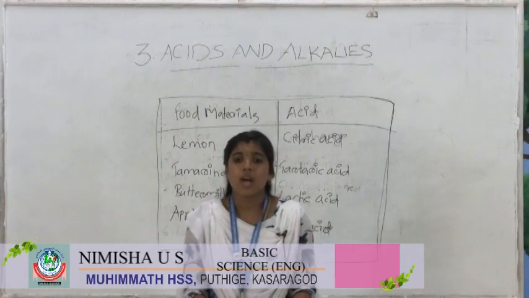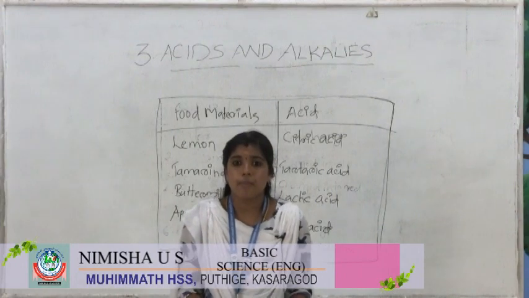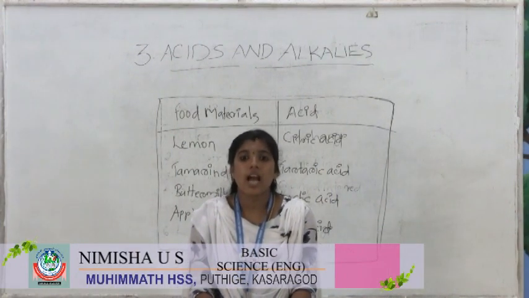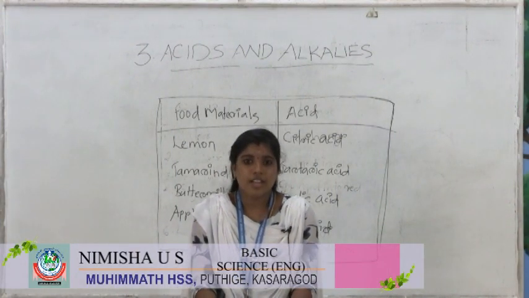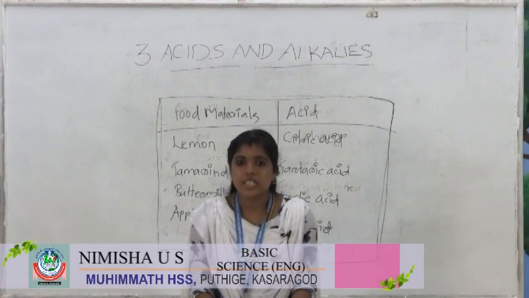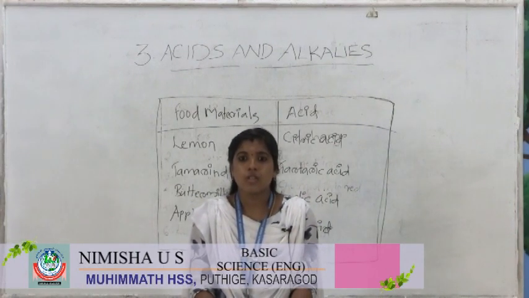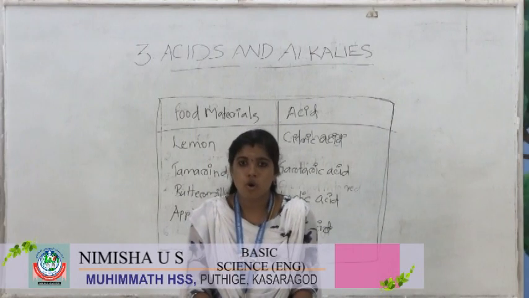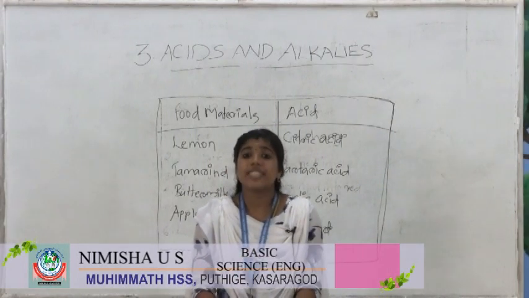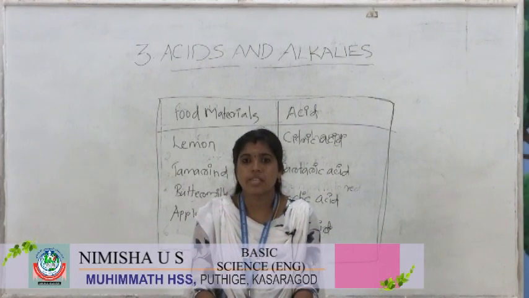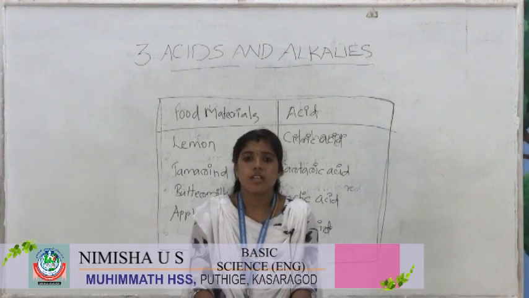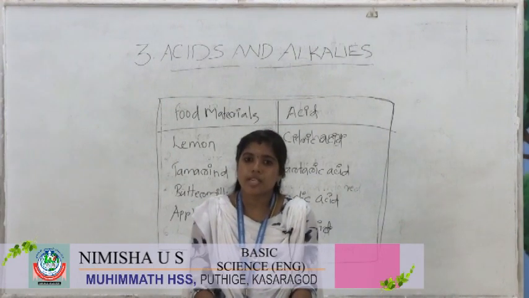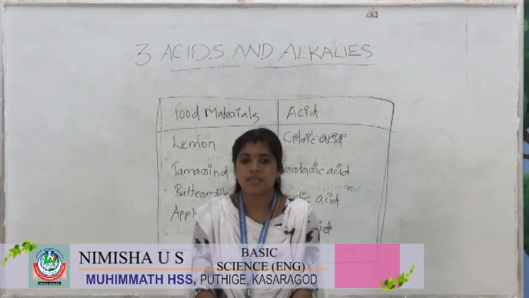After that, dry the paper and the hibiscus paper is ready to use. It is very simple. You can do it at home also. So these hibiscus papers are used to identify the presence of acids.